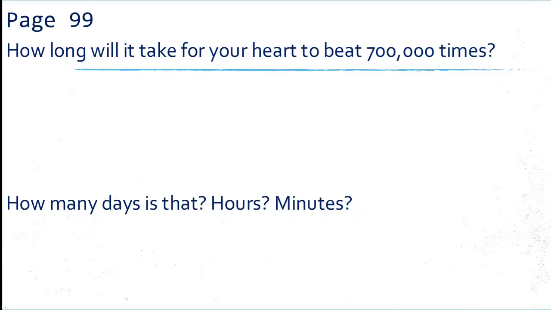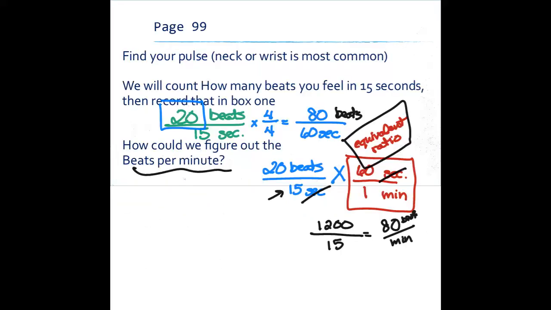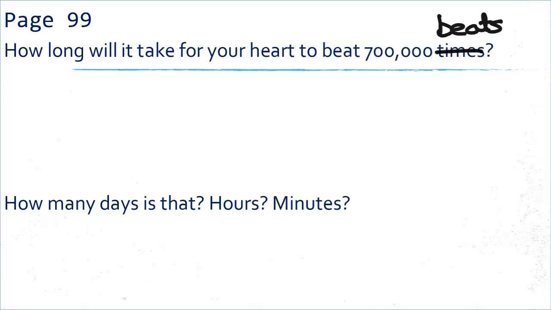How long will it take for your heart to beat 700,000 times? Well, if we're talking about 700,000 times, that's the same as 700,000 beats, right? So let's start with what we had. I had 80 beats per minute. So this is 80 beats per minute.